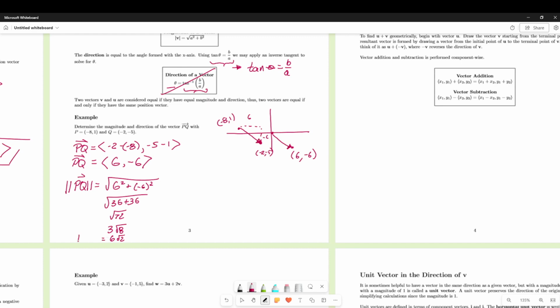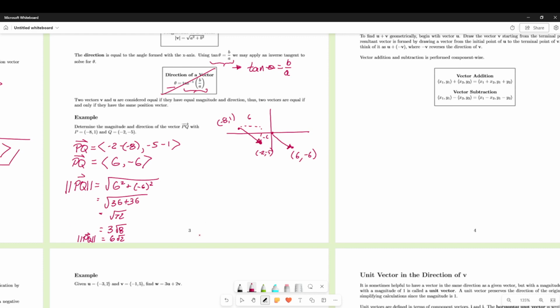I know that might take you a little longer, but you know how to simplify radicals. If not, practice it. So, great, we have a magnitude. That's how long this vector is. If this was an object moving, that would be its speed. If this is a force, that's how hard it's pushing, whatever this happens to be.